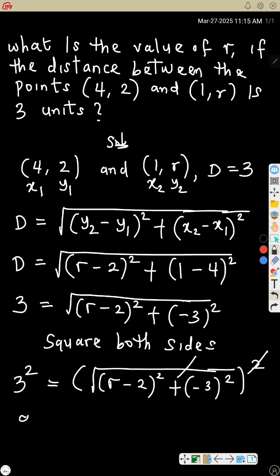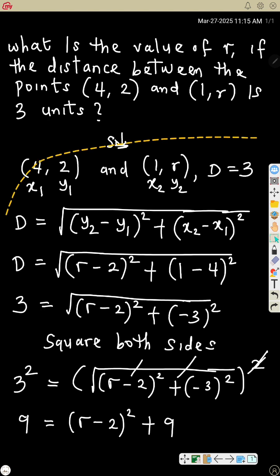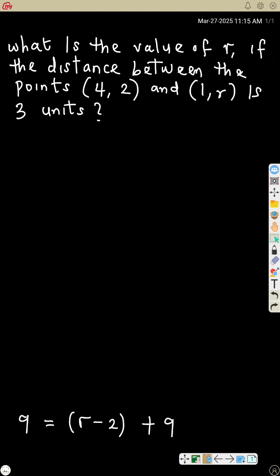So 3 squared is what? 9. The root has cancelled the square, so it remains (r minus 2) squared plus 9, because minus 3 squared is 9, minus 3 times minus 3. Now collect like terms.